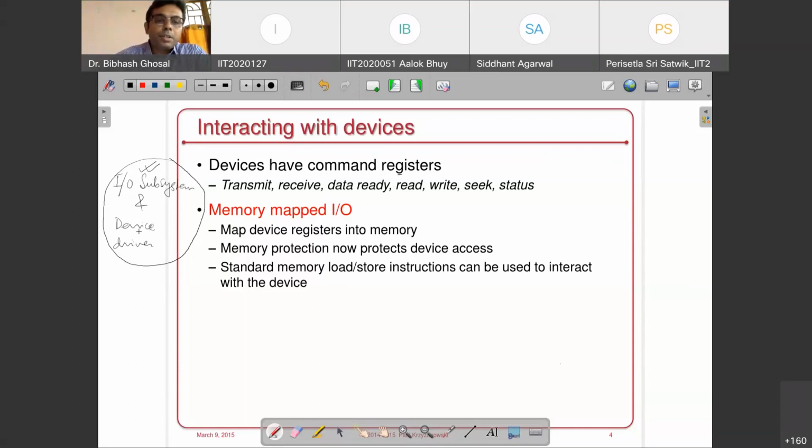And this device driver is the piece of software present within the operating system that ensures that whatever request the application has put is passed on to the IO subsystem. So it behaves as an interface between the IO subsystem and the application or the operating system.